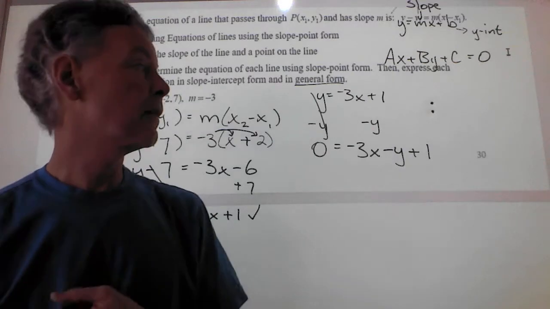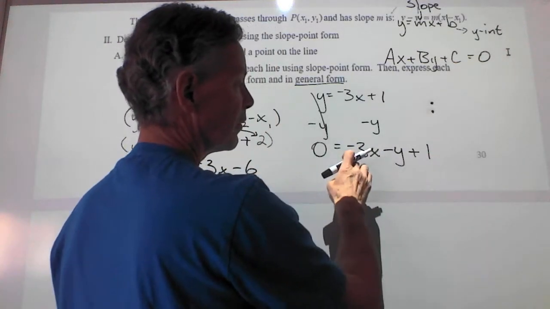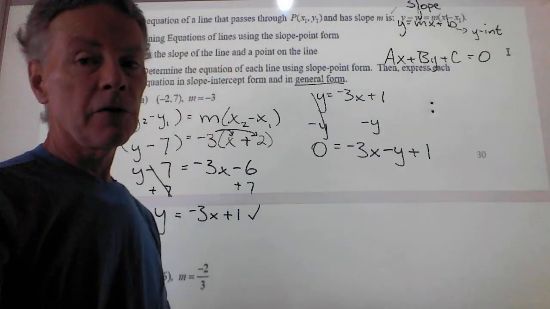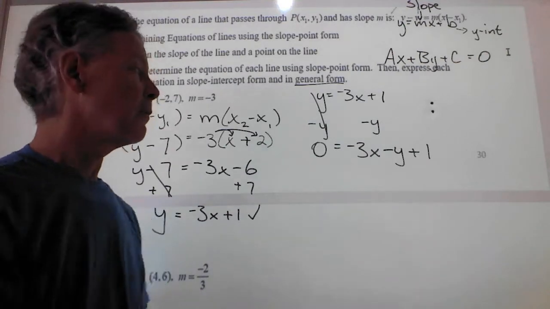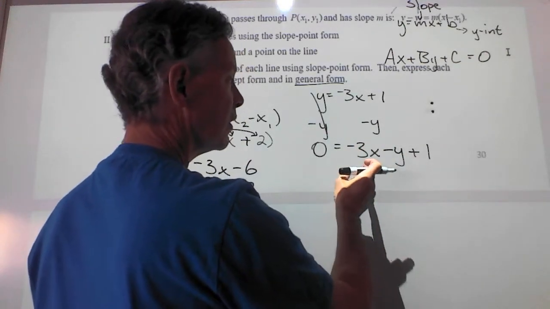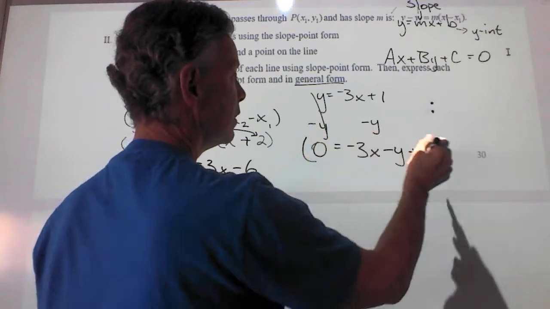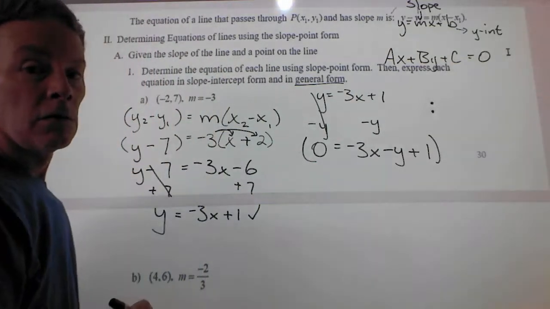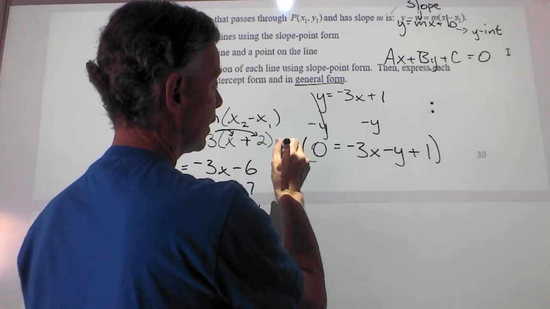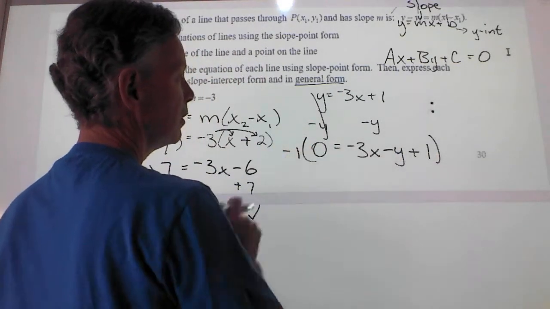Now we have to check for the second part, do we have all whole numbers and do we have a positive coefficient of x, that is a positive number attached to the x? Well, we don't have any fractions or decimals, that's good, but we do have to get rid of this negative. And remember, that's easy. From previous lessons, you know that to get rid of a negative sign, all you have to do is multiply the equation through by negative 1.